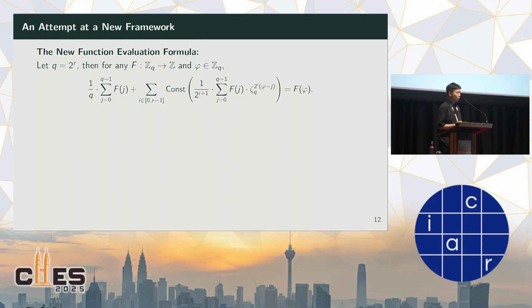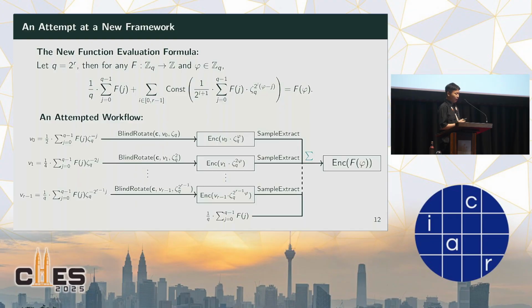Based on this equality test, we can build a new function evaluation formula, and based on this formula, we can build a new workflow. In this workflow, we use additional blind rotations to get the encryptions of subring elements. Then we use sample extraction and addition to complete the evaluation of all the homomorphic equality tests. The correctness of the workflow below is guaranteed by the above formula.